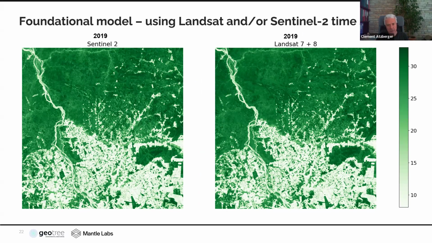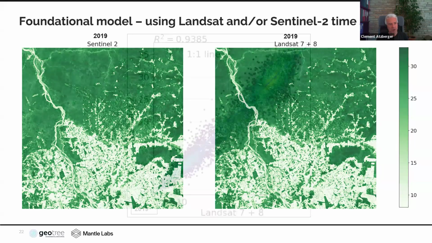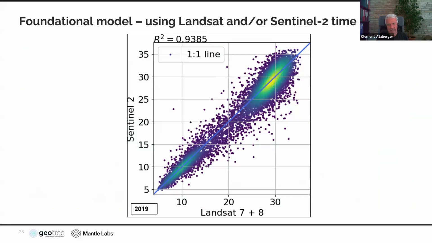Obviously, we removed the bands which are not available in Landsat. Landsat does not have the three red edge bands, so those were removed, but the rest is the same. And we apply this model without any retraining to the Landsat data.